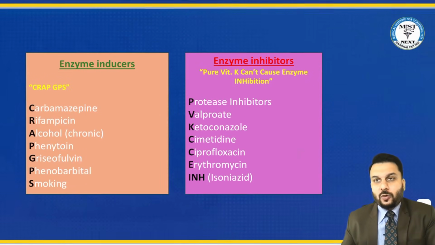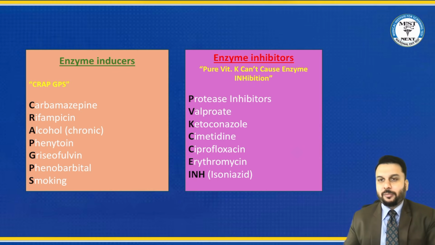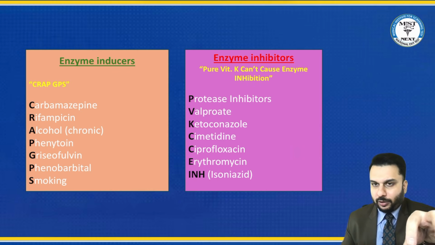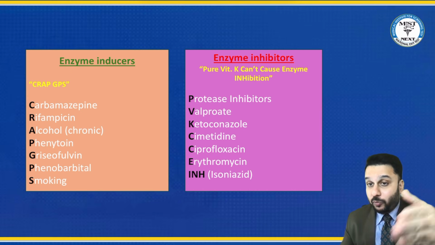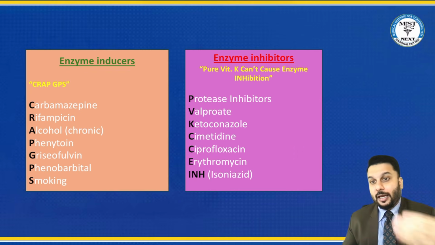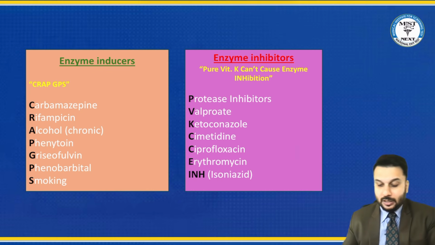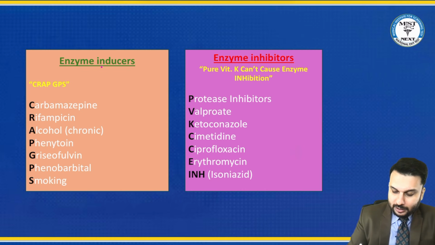Anyway, what is the concept behind this? Let's try to understand. So guys, you must remember that inside our human body, there are some enzymes which help in removing the drugs. If this enzyme increases, that is called induction.